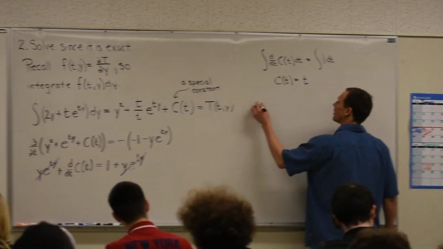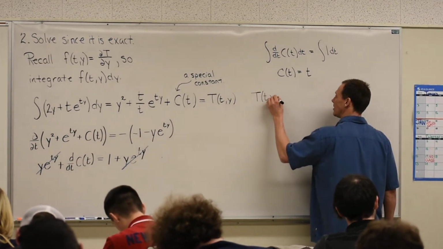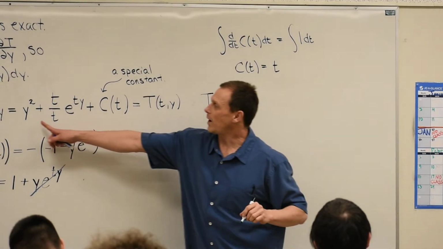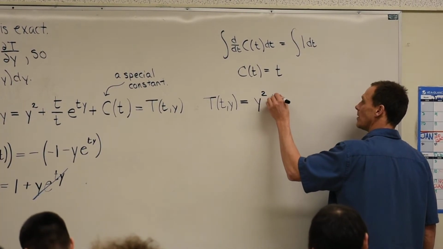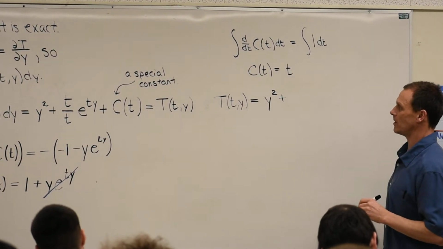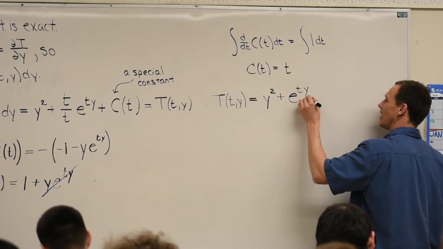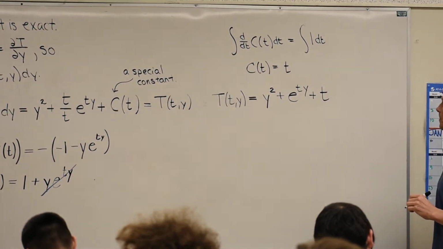And here's what we write. Our final function is some function of t comma y, y squared plus e to the ty plus t.